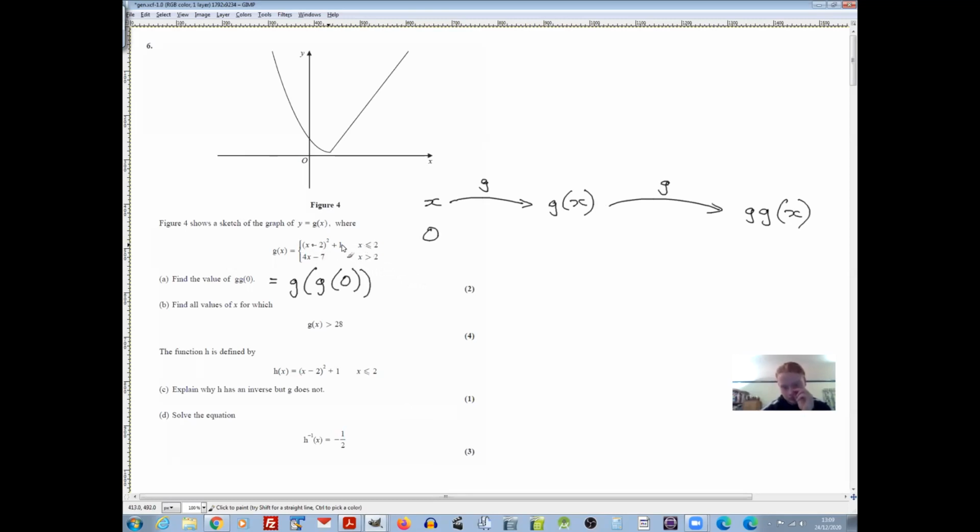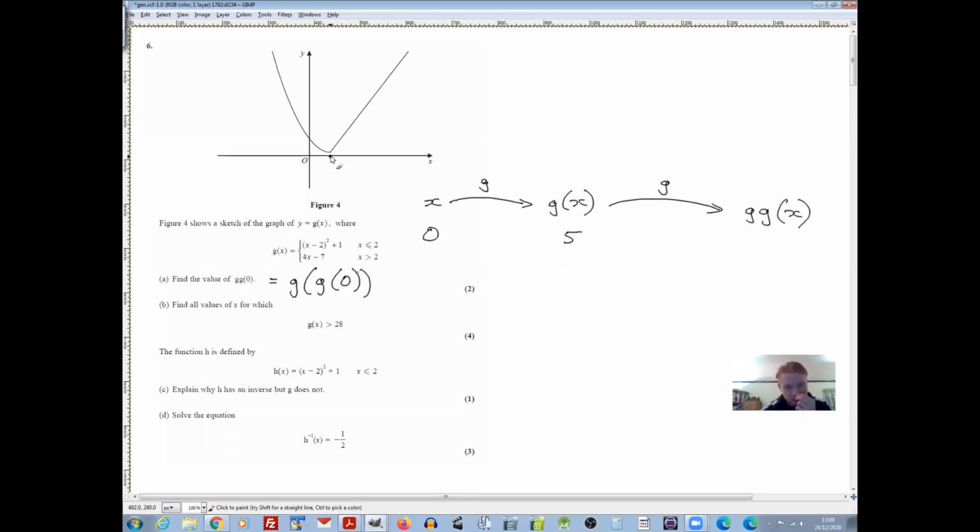So we have to plug it in here. And what do we get? We get minus 2 squared, which equals 4. 4 plus 1, 5. Good. And then just do the same, because we're going again. But this time, the same equation or the other one? Well, this time our x value is 5. So which part of the domain are we in?